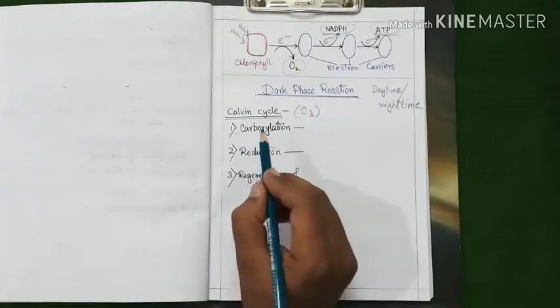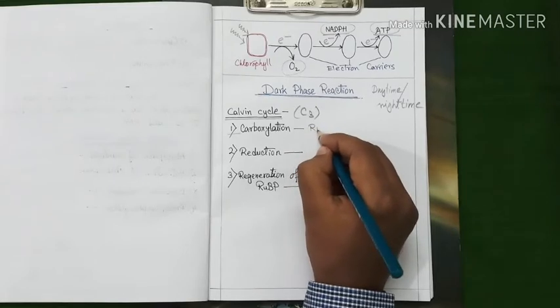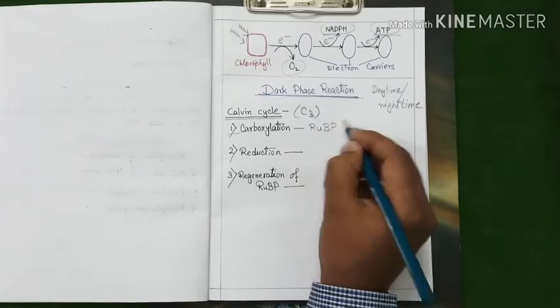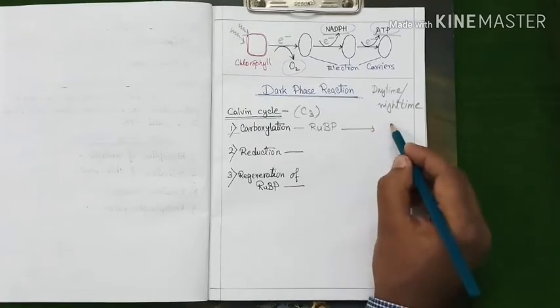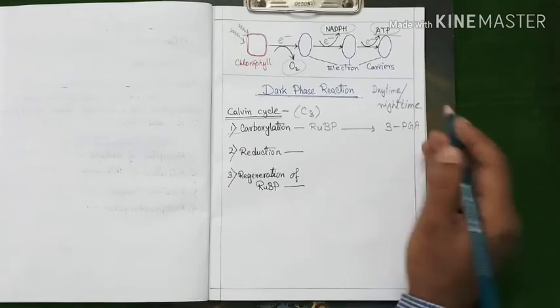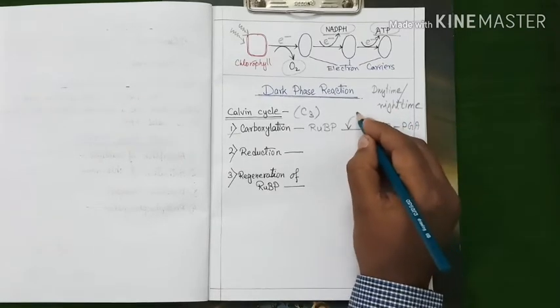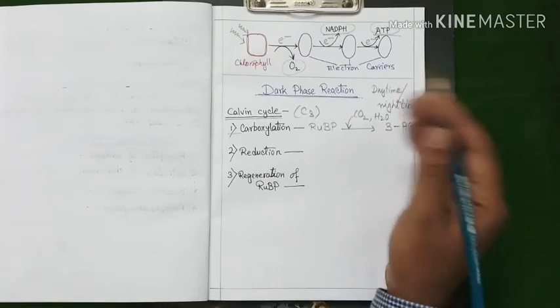Its first phase is carboxylation. During this phase, a 5-carbon molecule known as RuBP, already present in the mesophyll cells, gets converted into 3-carbon molecule 3-PGA phosphoglycerate by absorbing 1 molecule of carbon dioxide and water from the atmosphere.